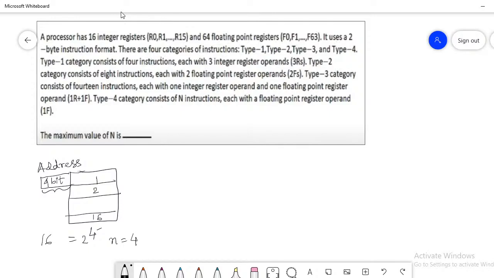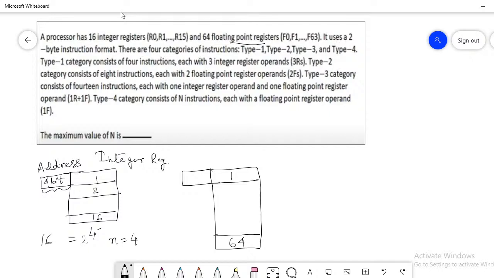Now this is for which case? This is the normal integer register. For integer registers, this is the case. Now when I come to the floating point registers, the size is a bit higher, so it will be starting from, suppose, 1 to 64, or 0 to 63, same thing.